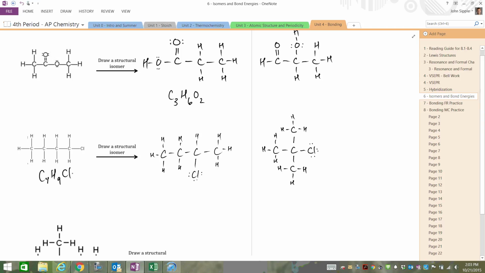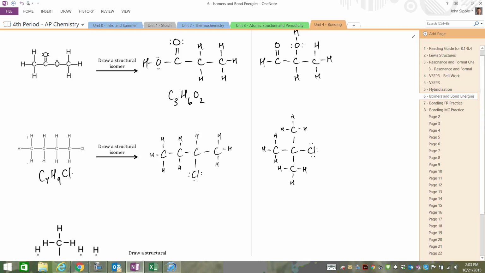There's a problem in doing that though. The chlorine will only form one bond in this case. So just move the chlorines around. Yeah, keep the chlorine on the outside. And I suppose if you wanted to, you could start bonding with chlorine because it's got extra valence electrons.